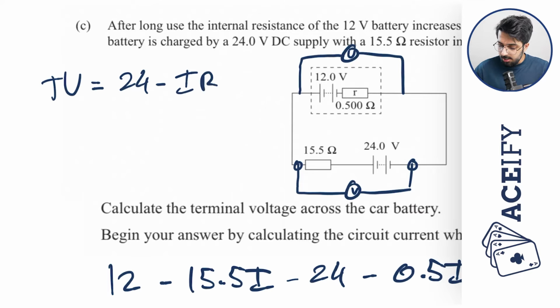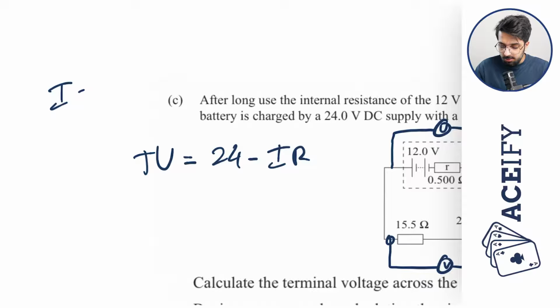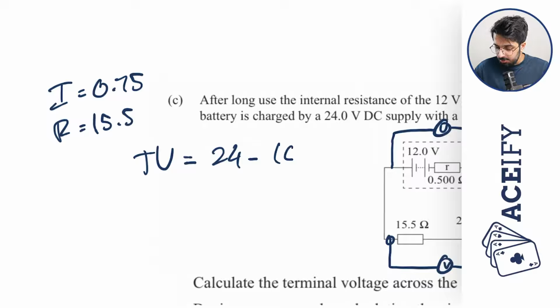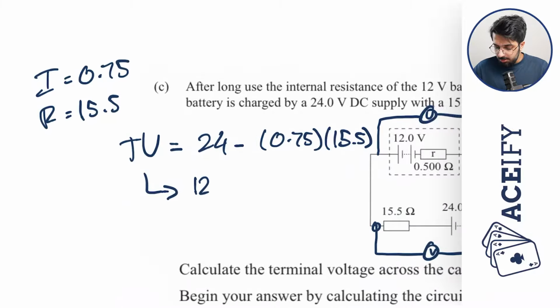We know that the current is equal to 0.75, and we know the resistance is equal to 15.5, so we can replace that. That's equal to 0.75 multiplied by 15.5, and this gives a terminal voltage of 12.375 volts. There we go.